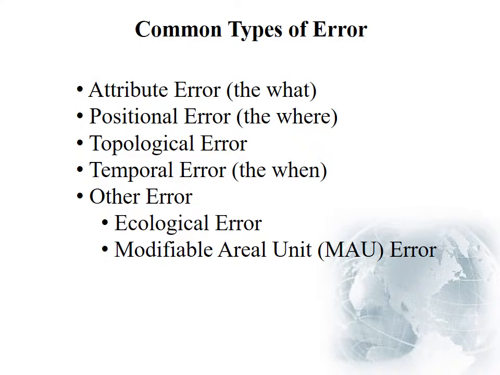Topological error, which is how well the pieces of vector data match up with each other, and are they linked to the Earth's surface properly or not. Temporal error is timing or time errors, and then there's a couple other ones: the ecological error and modifiable areal unit problem. And we'll explore each of these in slides that are coming up. Some in more detail than others.